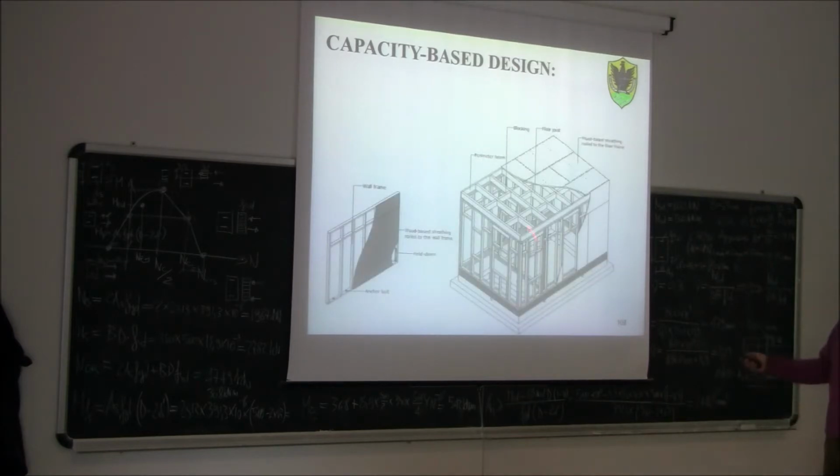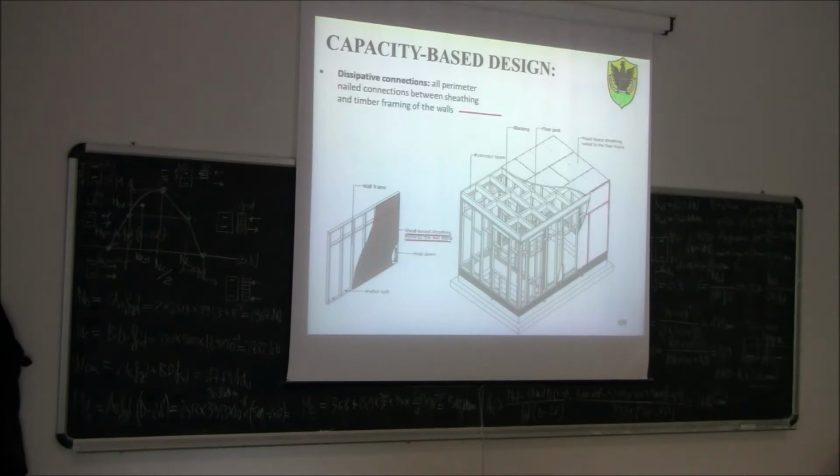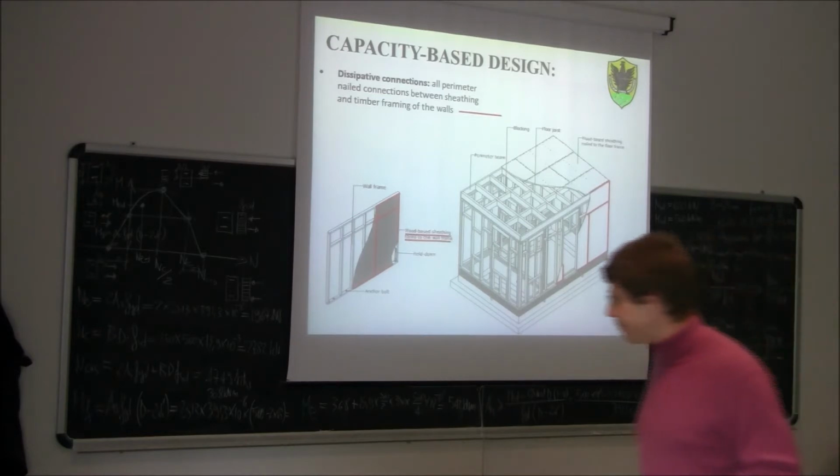So basically, if this is the structure that we are talking about, the idea is that only the connection at the perimeter of the sheathing, between the sheathing and the frame, indicated in red, only those nail or screw connections will be designed as dissipative.